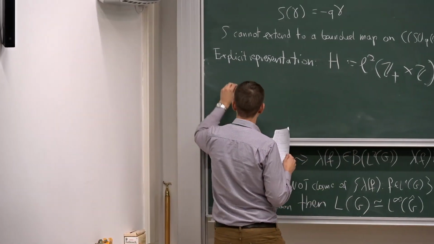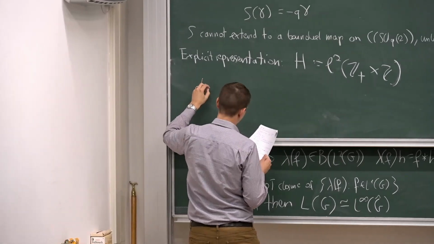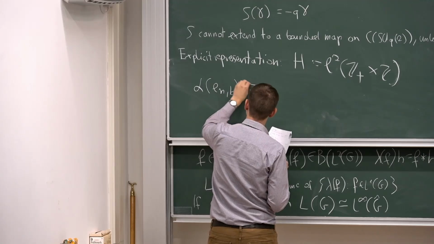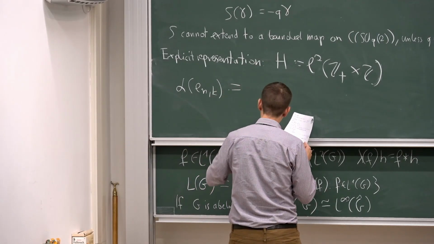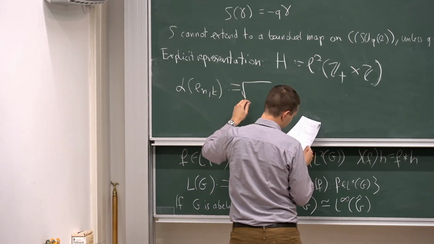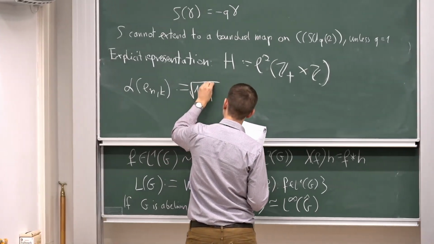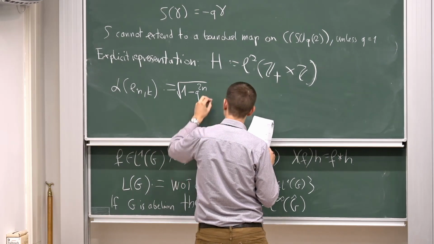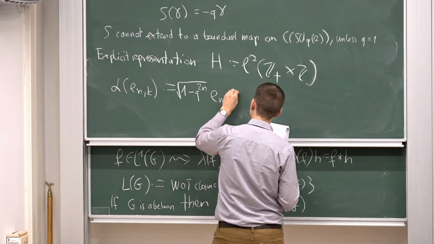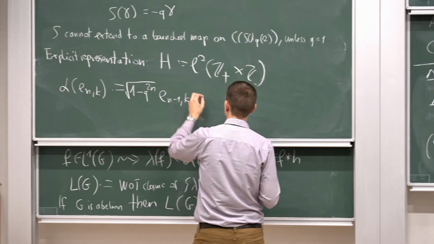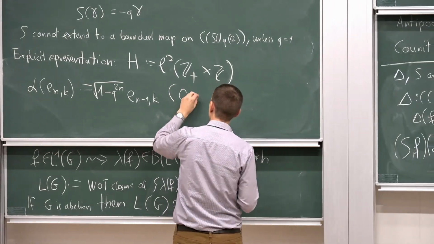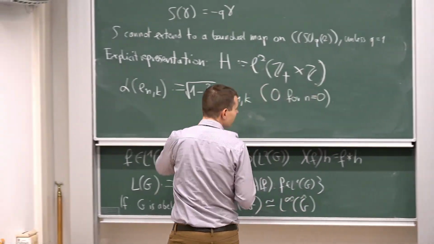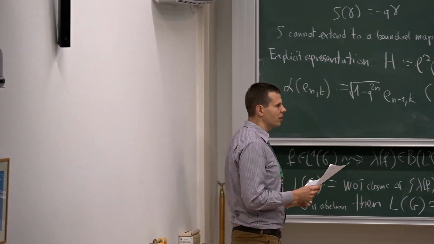And then you define alpha on e_n,k. This will be the weighted unilateral shift. So we put this q somewhere with some power, so it means that this is 0 for n equal to 0. When you shift to -1, you get 0, so it's a unilateral shift on this variable.